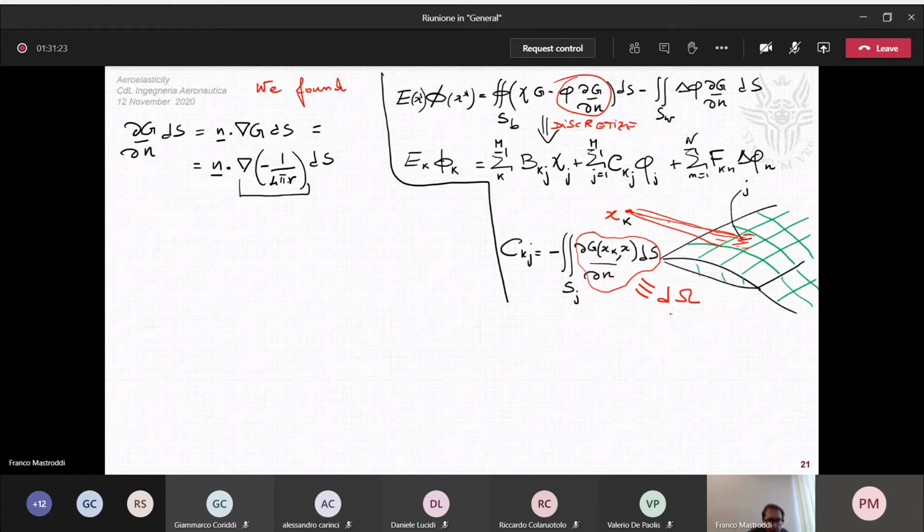The gradient of 1 on r quantity, this is the x star point, and this is the x point.